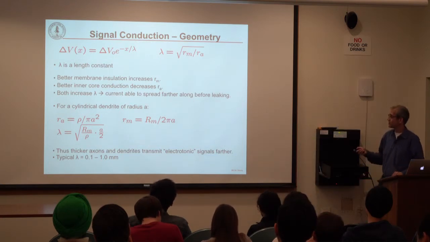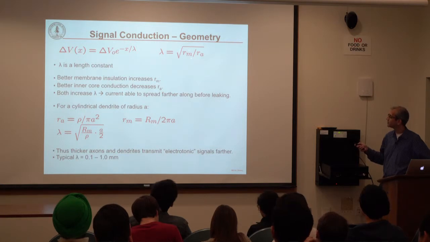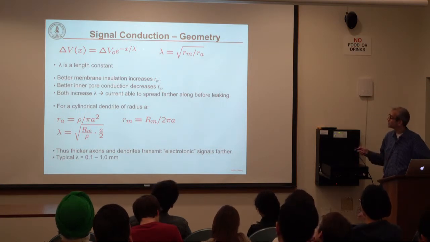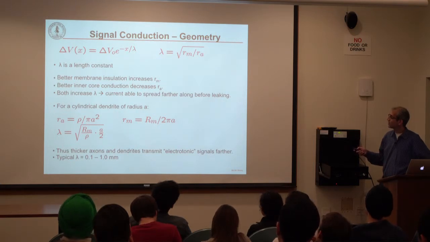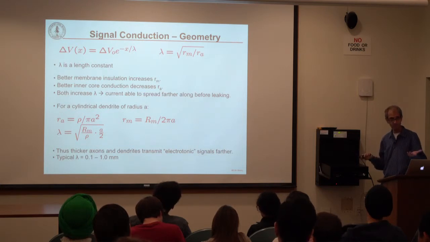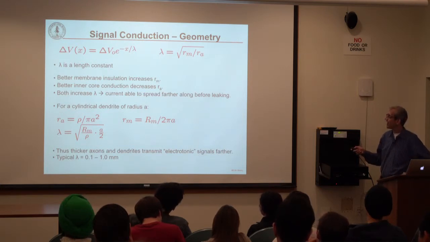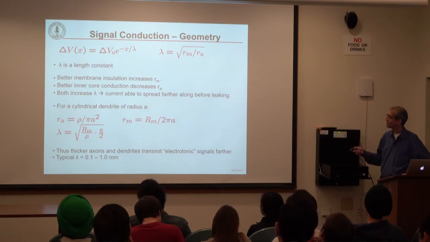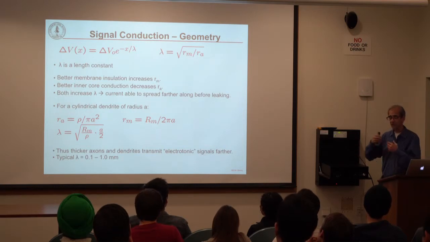Well, that might be a good idea, because if we increase Rm, we're increasing lambda. And if we increase lambda, we have to effectively have a much higher x to equal that lambda, right? And if we have to have a higher x to equal the lambda, that means that we're getting this deflection, this change in the voltage over longer distances.